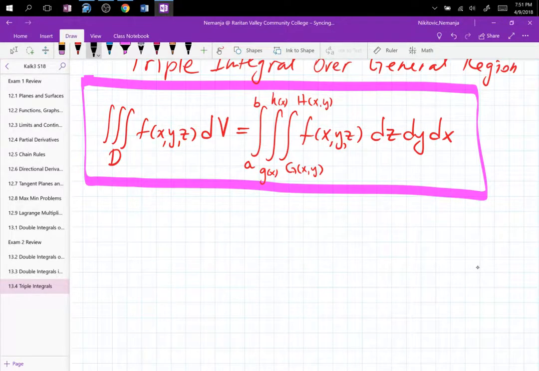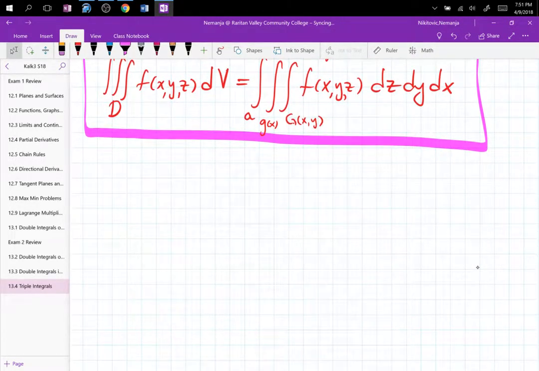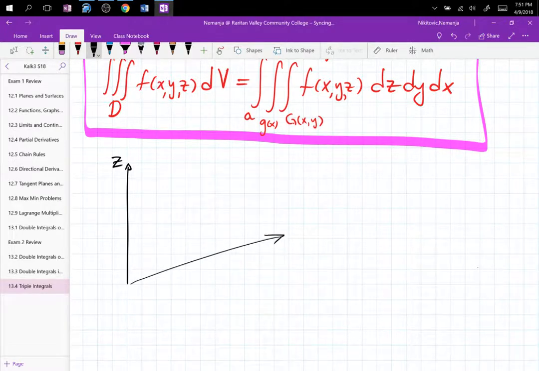So first, to draw the shape, we have our z-axis, we have our y-axis, and we have our x-axis.